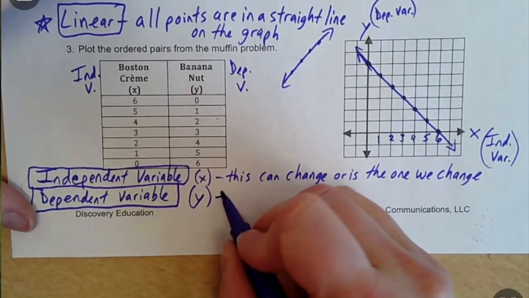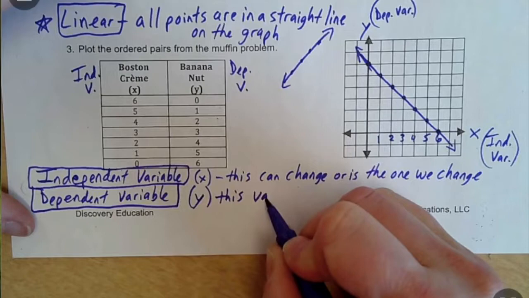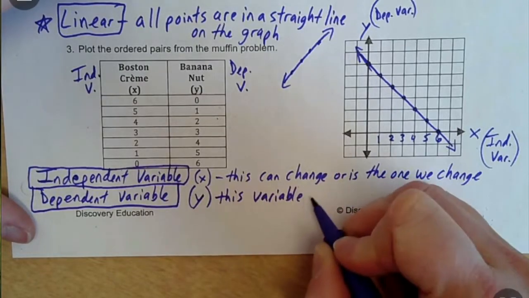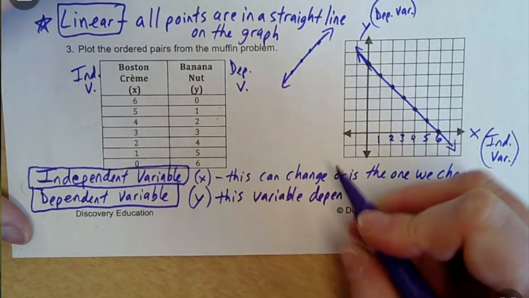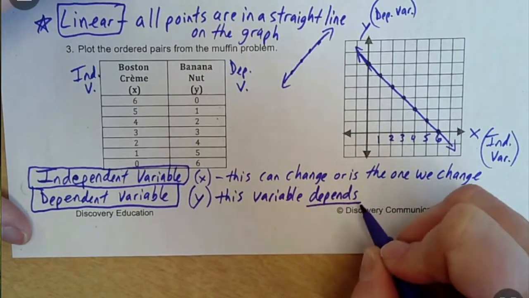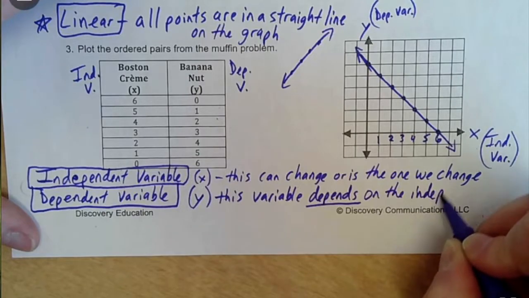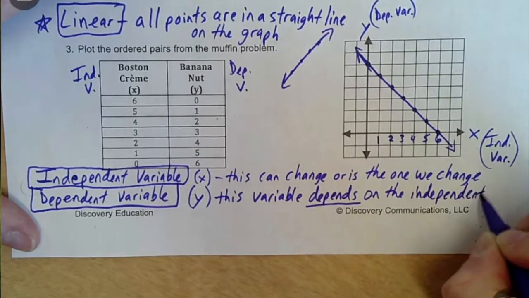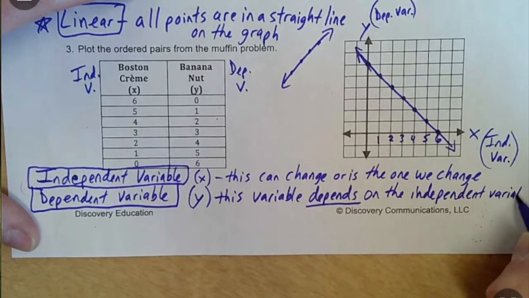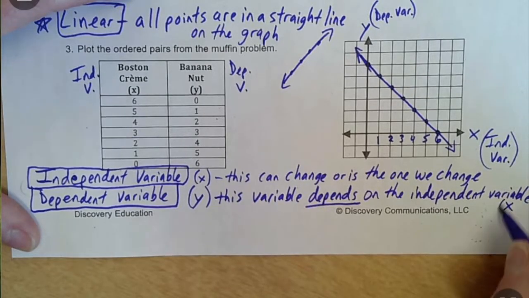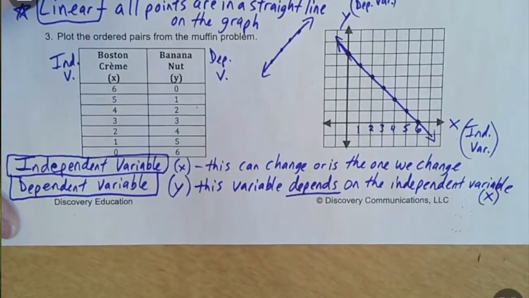This variable depends, just like the word dependent variable, it depends on the independent variable. And remember, we're calling the independent variable X.